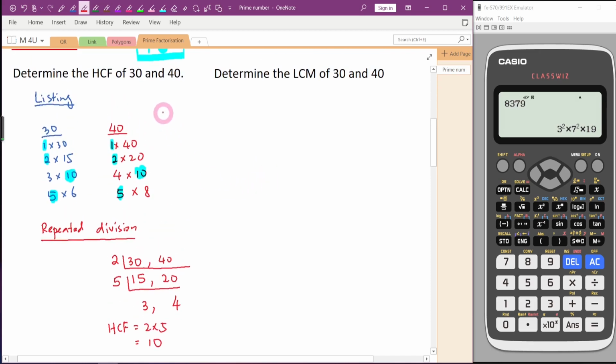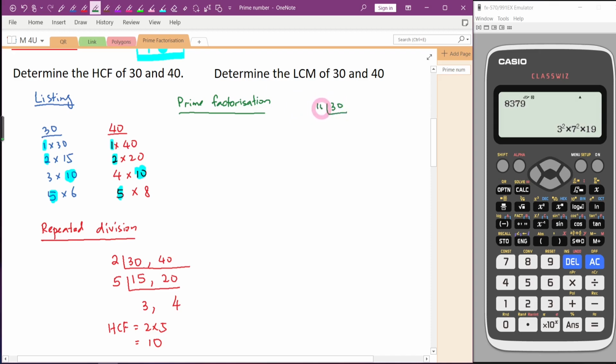Okay, let me write over here, prime factorization. Now we are doing prime factorization, therefore we need to use prime numbers. This time you must use prime numbers.